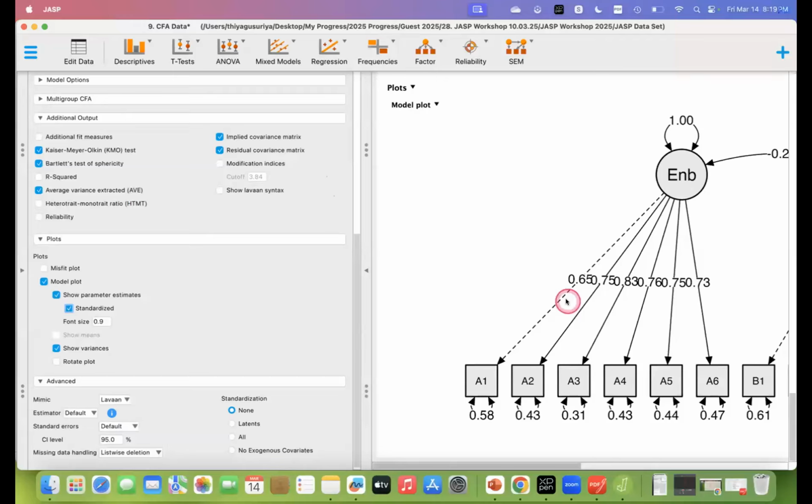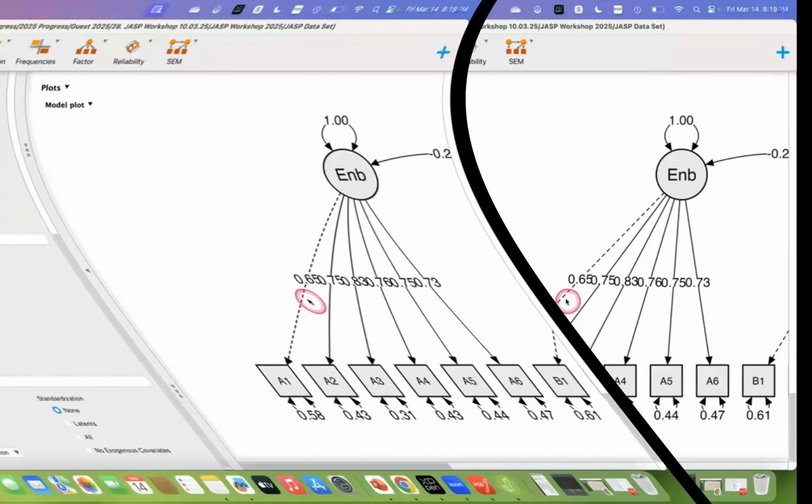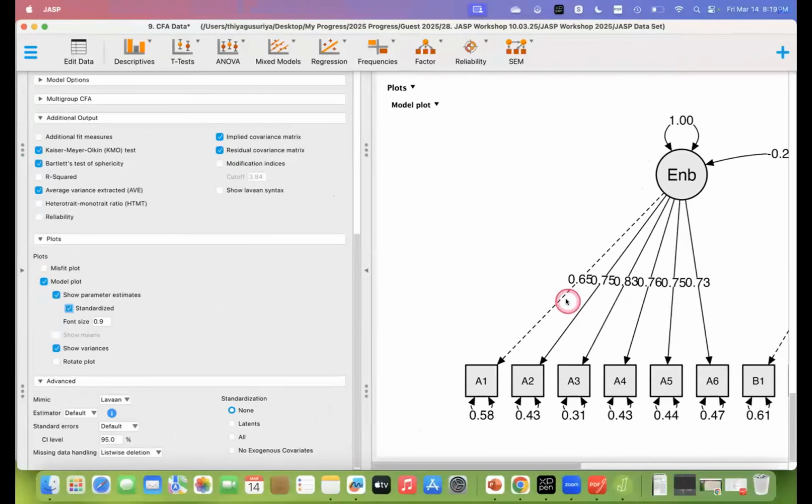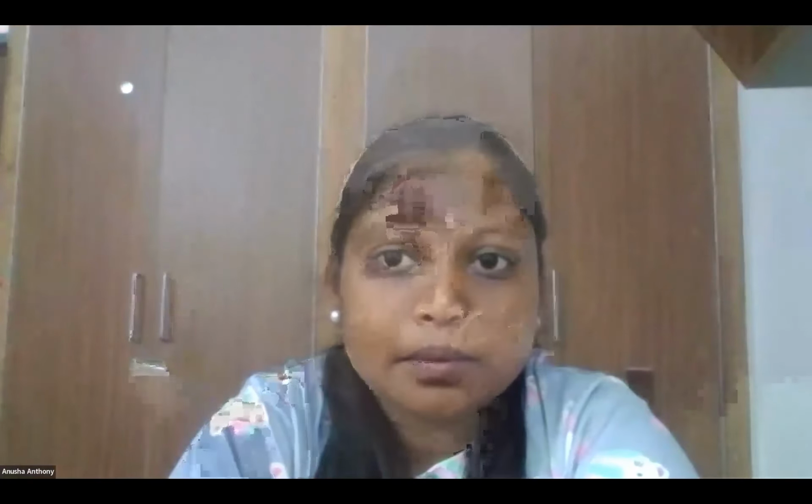So your network issue is there. Participants, please wait. I think there is a network issue with the sir's connection.